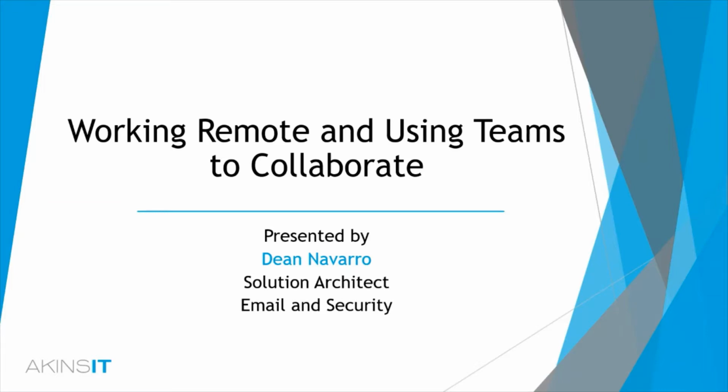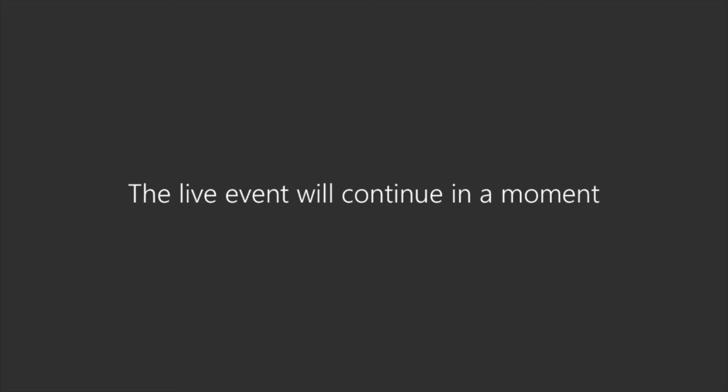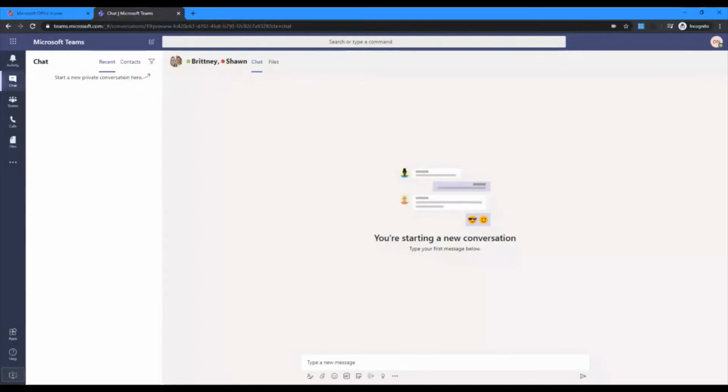So if you could just give me one moment here, I'm going to switch us over to present Teams. What you're going to be seeing here is the web browser for demoing purposes. Okay, great.